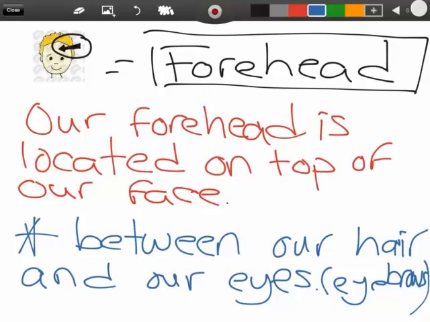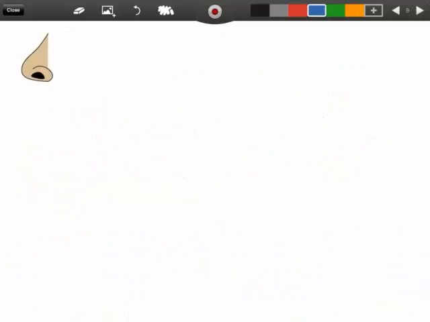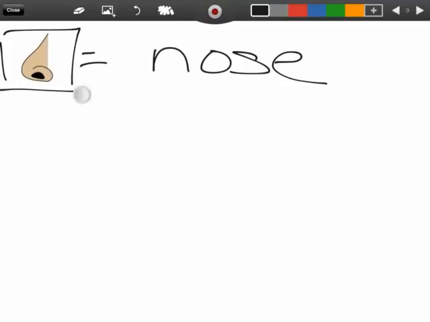Now, moving on to our next body part that's located on our face is a nose. Nose. As you can see here, this is called a nose. And I'm going to go ahead and explain to you what a nose is.